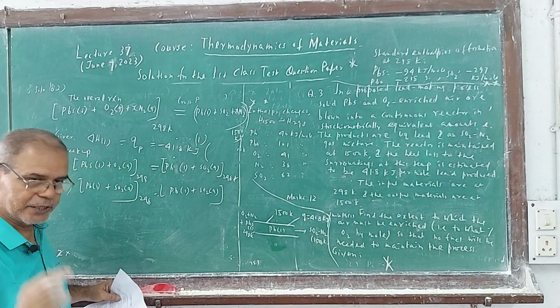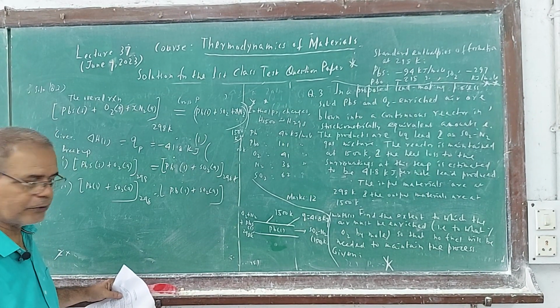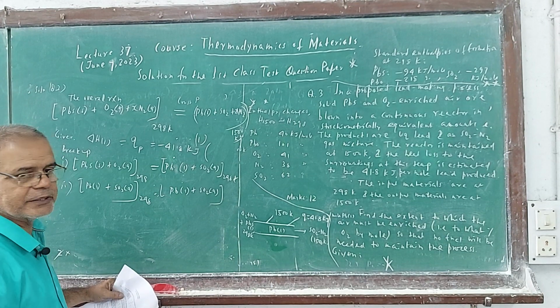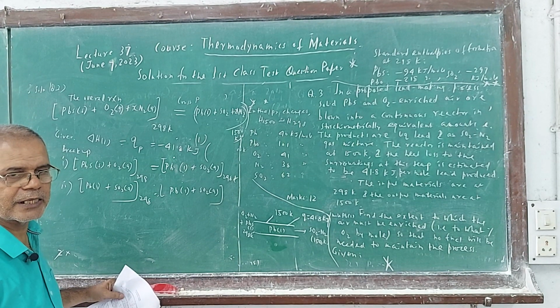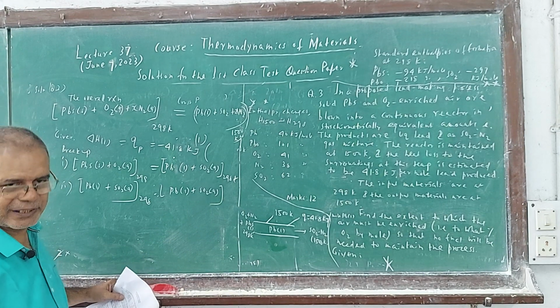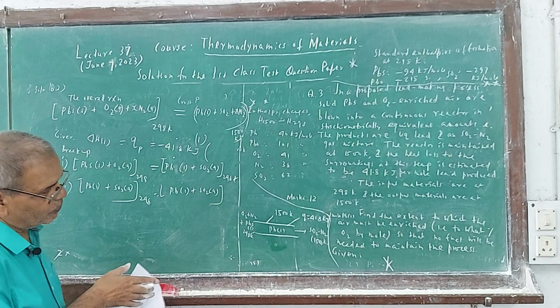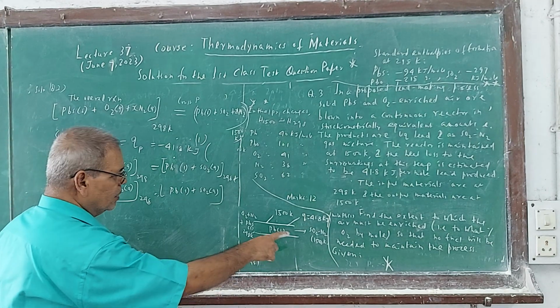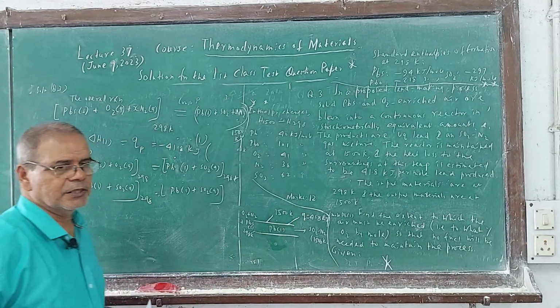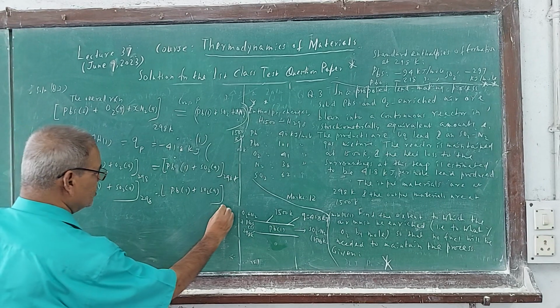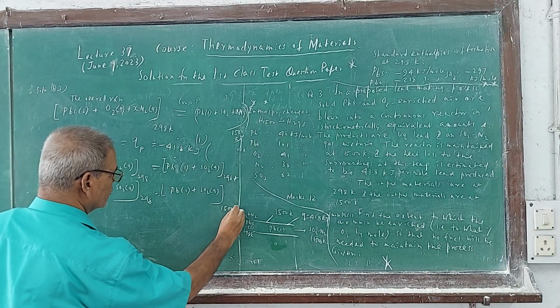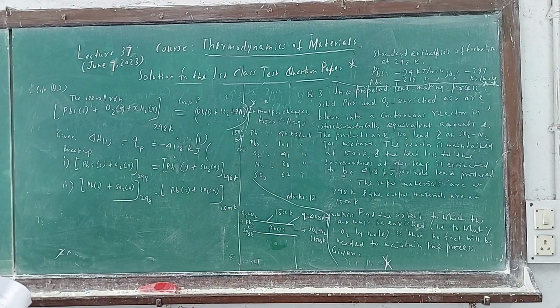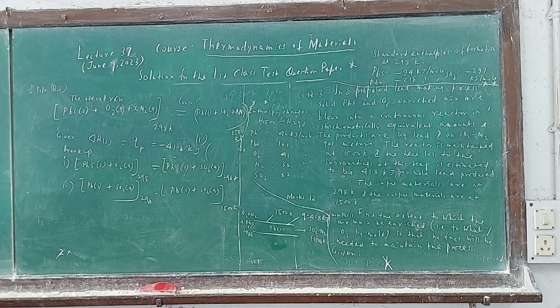Three students actually tried very much, in the same direction. There is a little bit of a twist, but the approach is very good. Good attempt. So I have given them marks, 6. Very nice attempt. Very good.